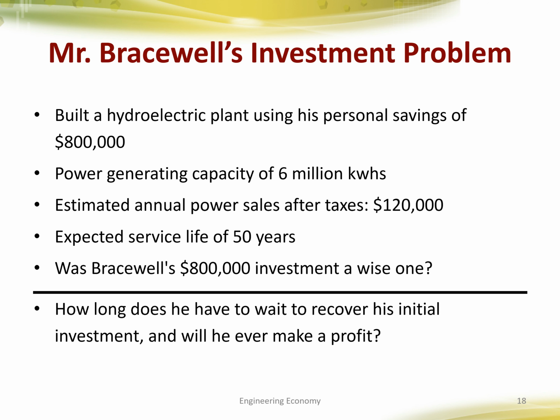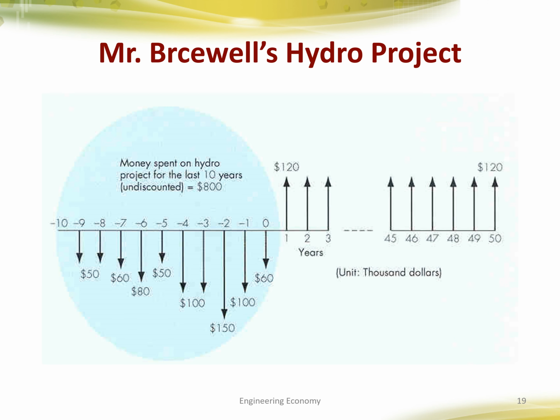We can look at a practical example, like investing in some facilities that will generate some income for us. These are the relevant numbers. Let's look at the cash flow diagram.